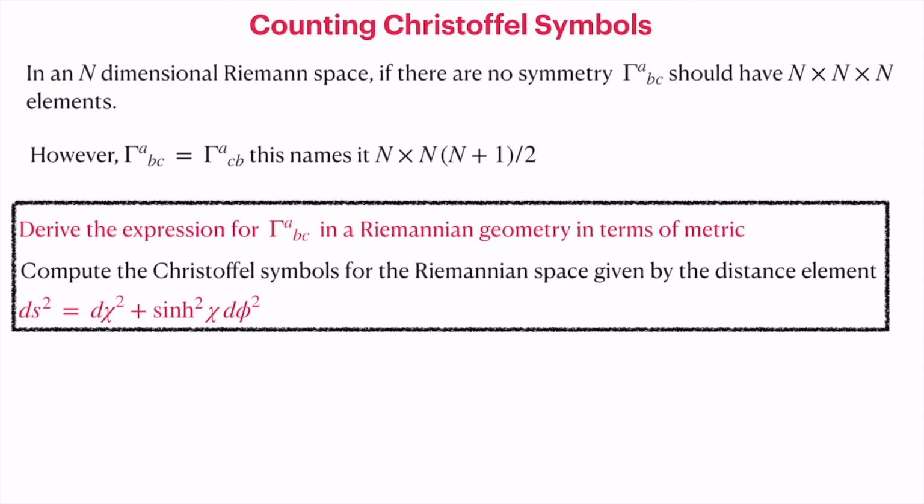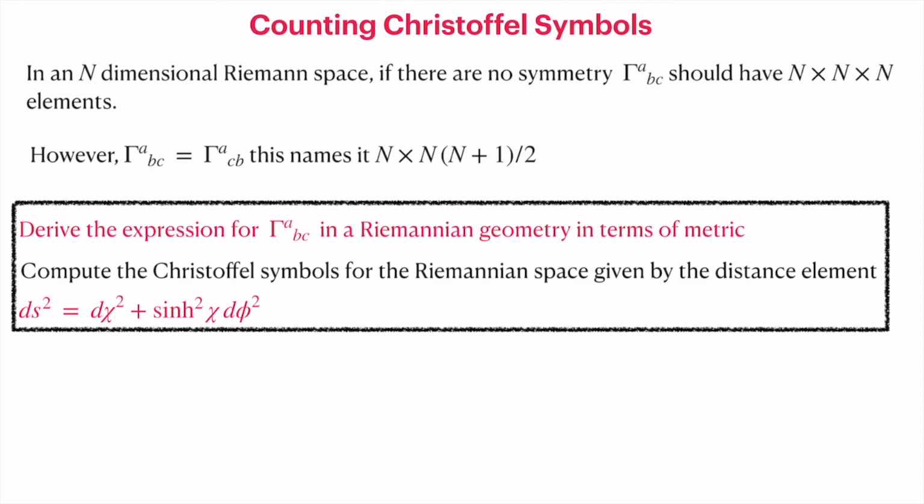So there is a homework problem which is to derive the expression for the gamma in Riemannian geometry in terms of the derivatives of the metric. That is basically the derivation which I have done here. You need to rewrite and submit it. And then you also have an exercise for computing the Christoffel symbols for the Riemannian geometry given by the metric ds square is equal to d chi square plus sinh square chi d phi square.